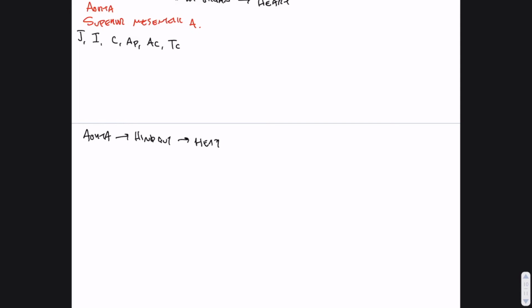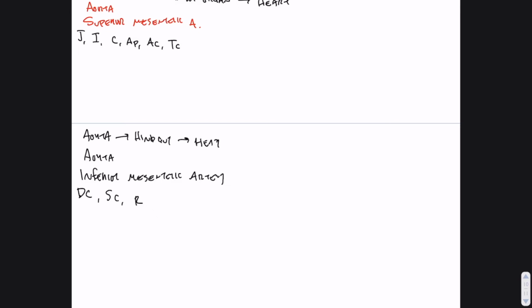So remember, the hindgut is supplied by the aorta going to the inferior mesenteric artery. And then you're at the hindgut organs, which are the descending colon, the sigmoid colon, or the rectum. So those three organs are supplied by the inferior mesenteric artery. So those are the easy traces. You hope you get a lot of those.